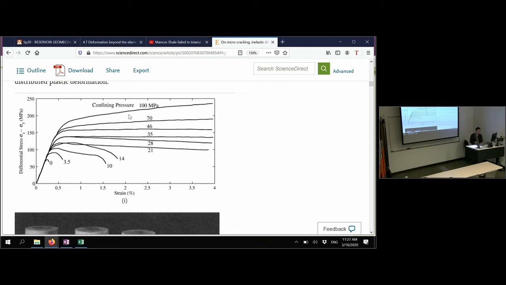But it's not only stronger, but also it fails differently. And a rock that, for example, you load under very high confining pressure, like here, it means that it's not breaking. You can take it to failure, but it's not that it's going to break catastrophically. It's just going to take a high load, but it's not going to break. It's not going to create a sudden fracture.